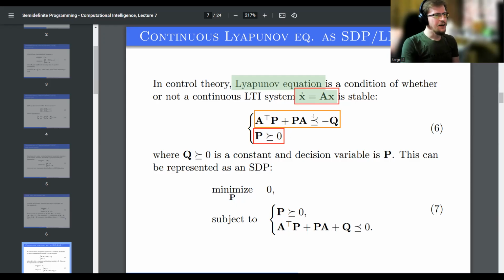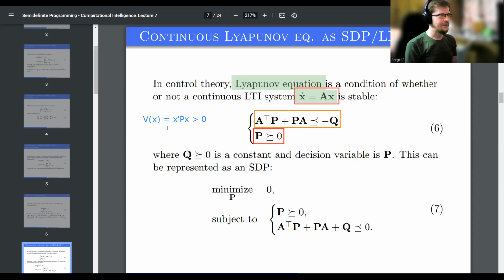How did we get the Lyapunov equation? Well, we got a Lyapunov function, which looks something like V of x equals x transpose P x, and has to be positive everywhere except at 0. And the derivative of this function has to be negative everywhere except at 0 for asymptotic stability.